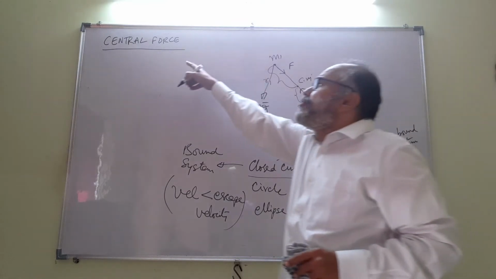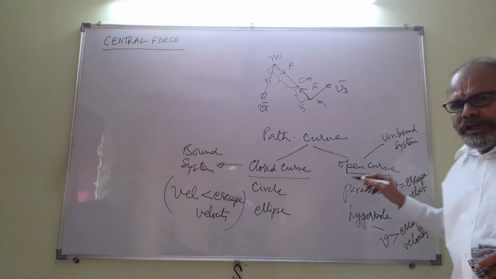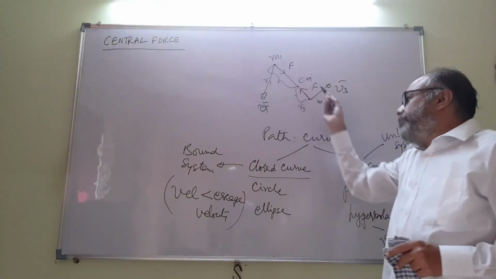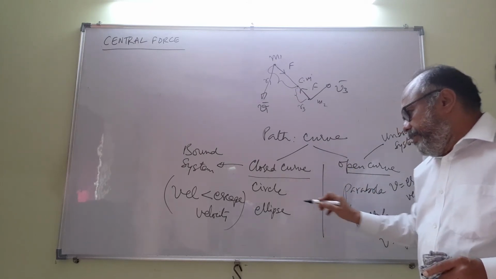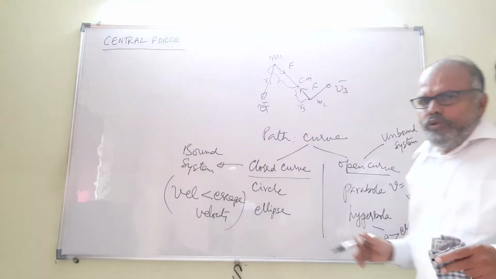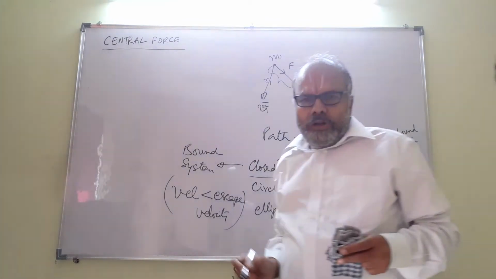Under the influence of the central forces, these are the only four types of curves that are possible. Of course, it can be a straight path, or it can be a closed curve, circle or ellipse, or an open curve, parabola and hyperbola.